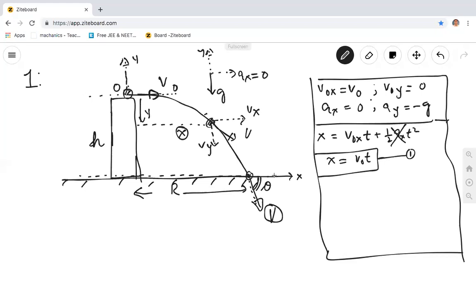Now, what is y? V0y t. No, have a look, let me tell you. Y, it is minus y. Why is it minus y? Can you tell me that? Okay, I will do it the way you think.